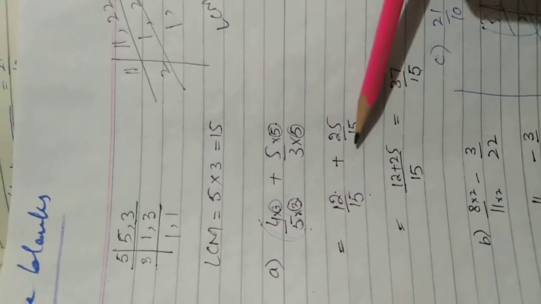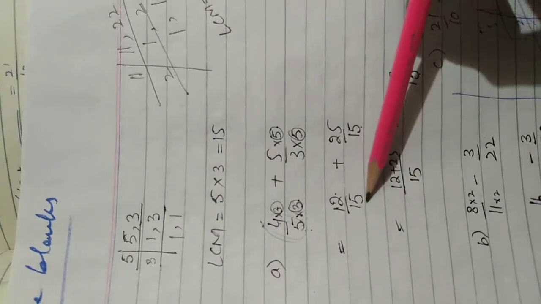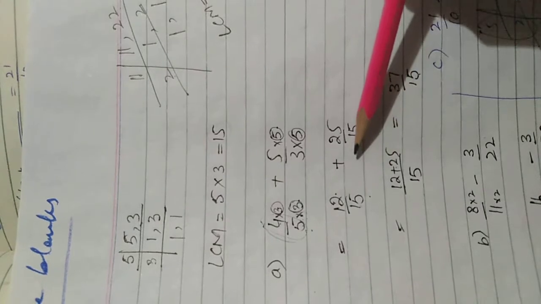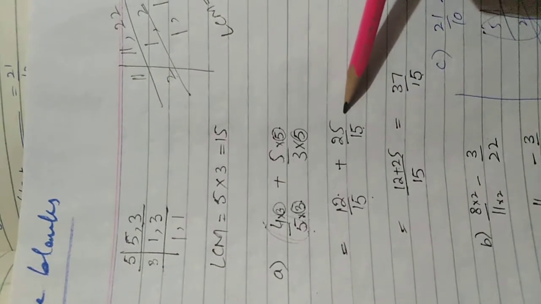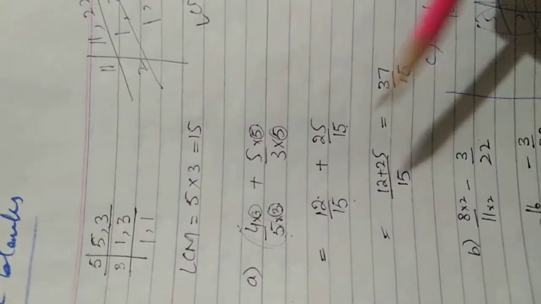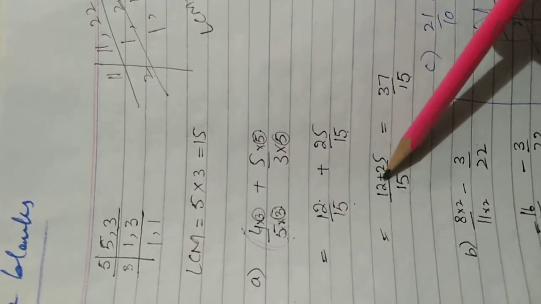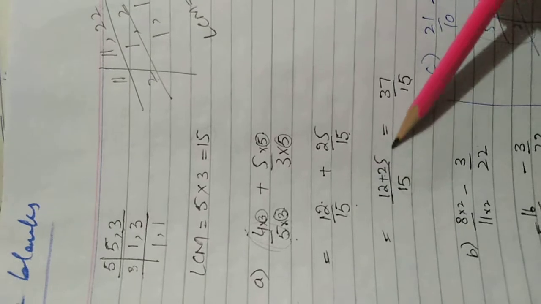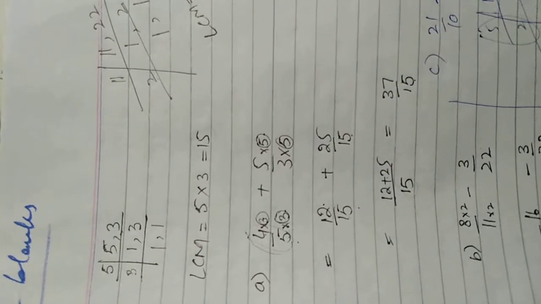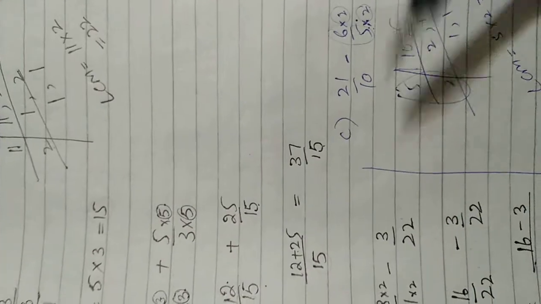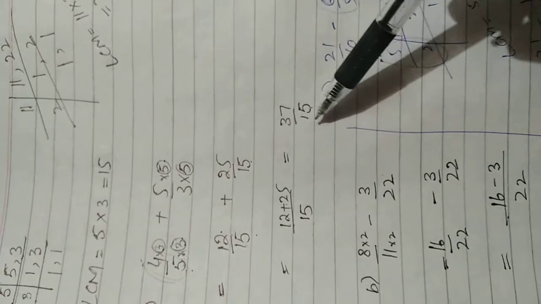Now we can add easily because they become like fractions. Now we write their denominator one time and add their numerators, that is equal to 37 over 15. Now the answer is 37 by 15.